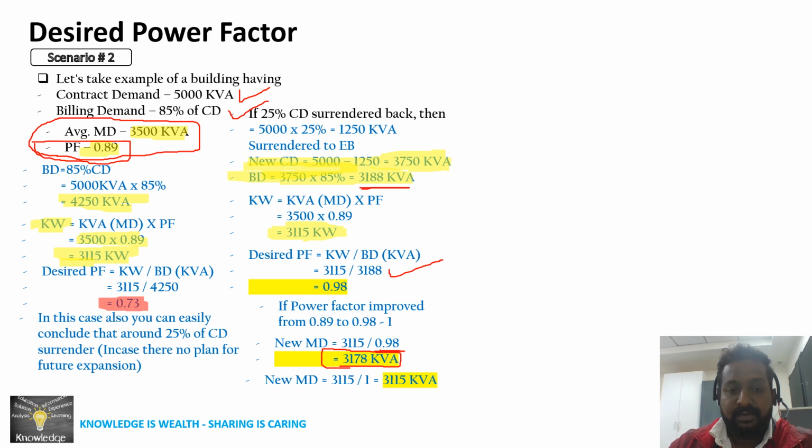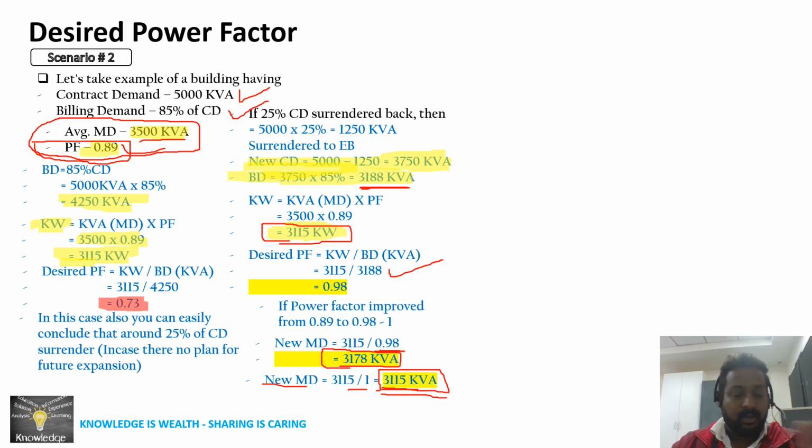So 3115 kilowatt divided by 1 is the same, 3115 kVA is our new MD. So MD has been reduced from 3500 kVA to 3115 kVA by improving power factor from 0.89 to unity. 3115 kVA is below our billing demand of 3188 kVA.